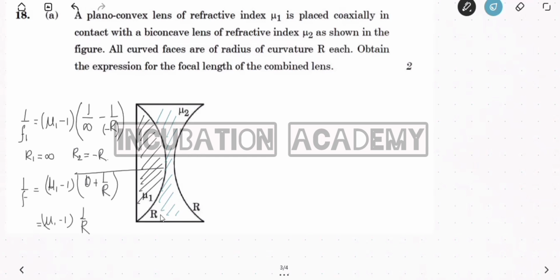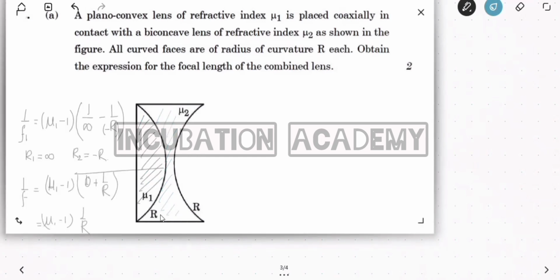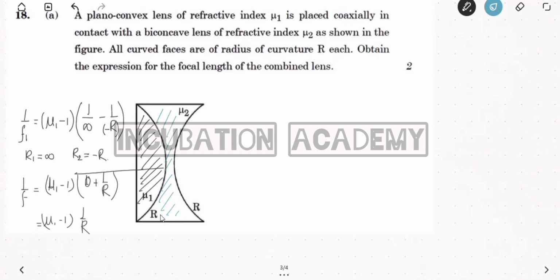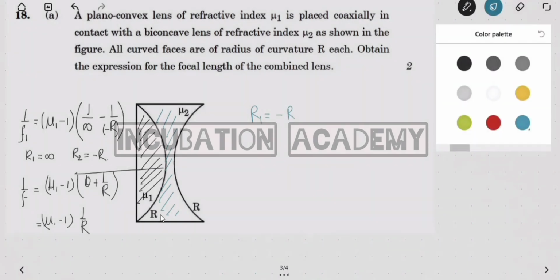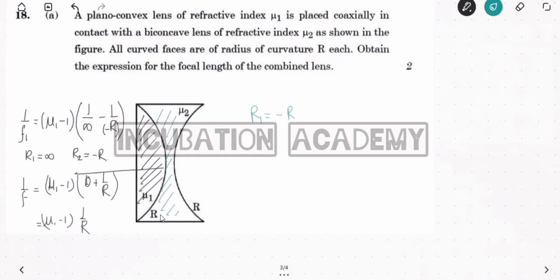Here also, if you think this is my optical center, then depending on that we can say R1 is equal to minus R, whereas R2 is equal to plus R. So according to this, the formula for 1 by f2 is (mu2 minus 1) times (1 by minus R minus 1 by R).